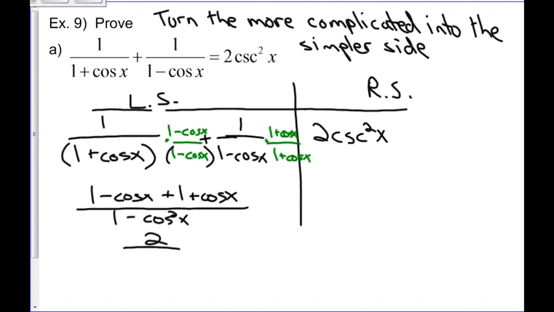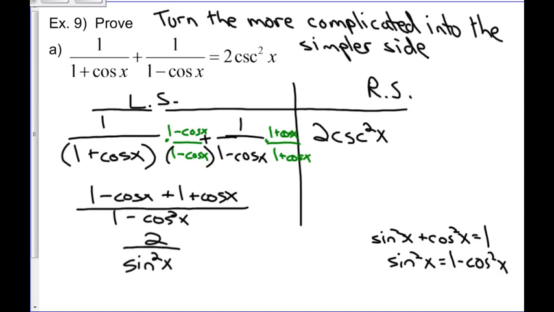Put them together on top: 1 minus cos x plus 1 plus cos x. The cos x's are gone. The bottom, we could rewrite 1 minus cos squared x as sine squared x. And that's because of this fact: sine squared x plus cos squared x equals 1. Rearrange it. Sine squared x is just 1 minus cos squared x.